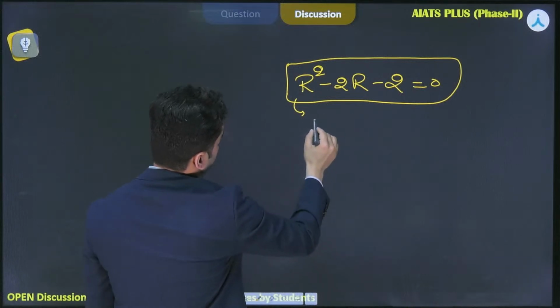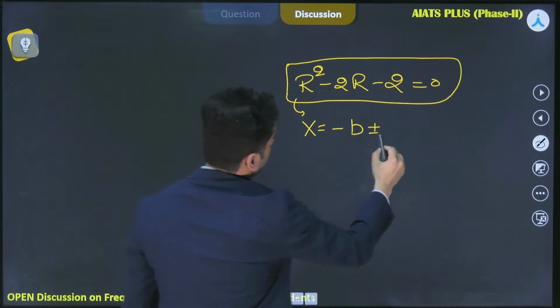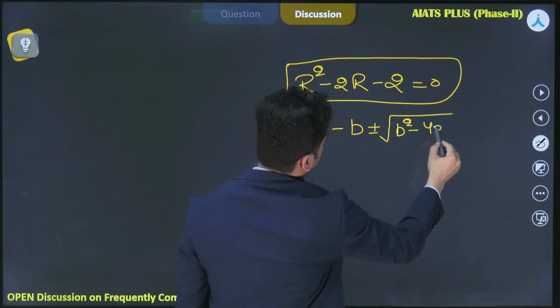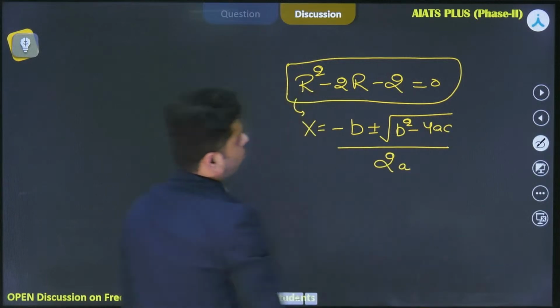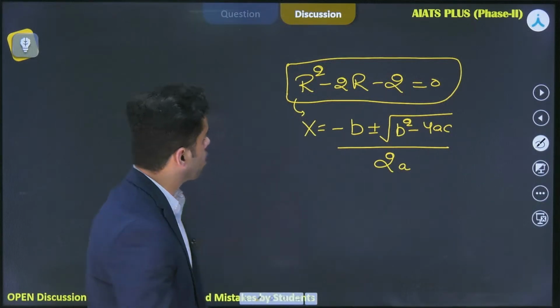The roots are given by this formula: minus b plus minus under the root of b square minus 4ac, by 2a. Right? That's how you find the roots of the quadratic equation.